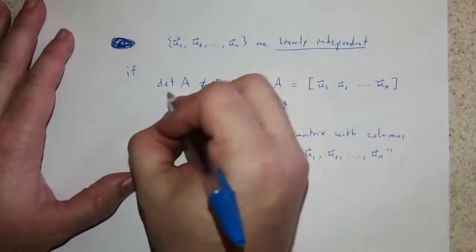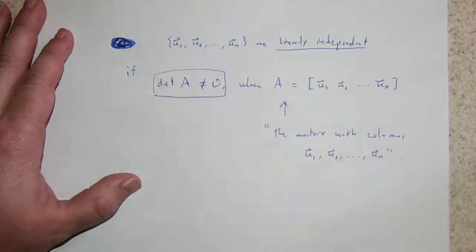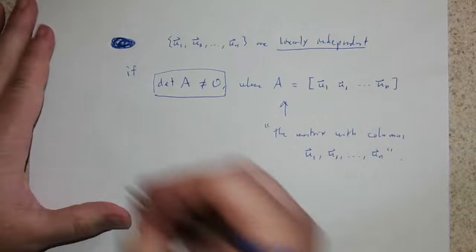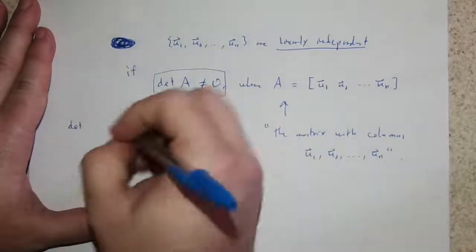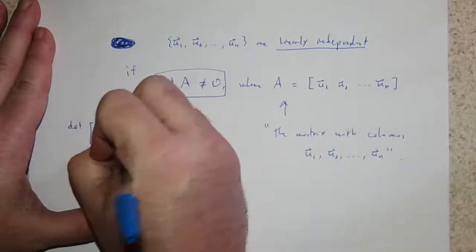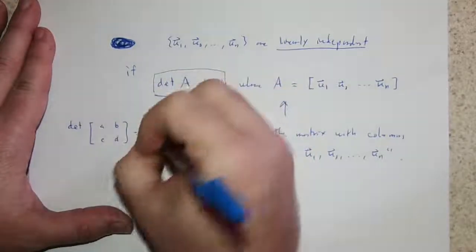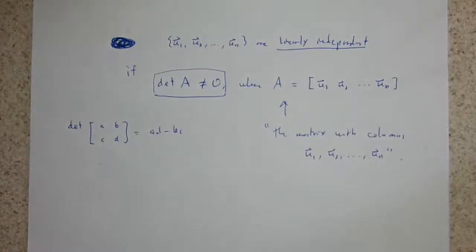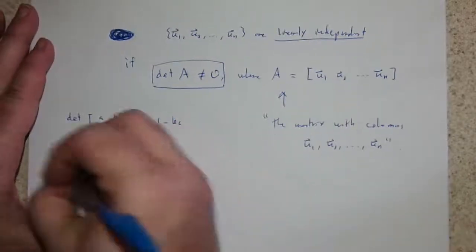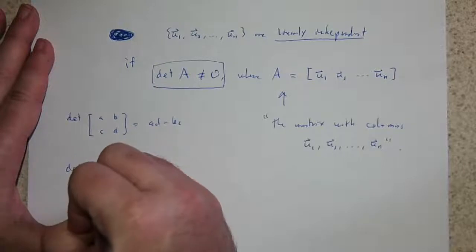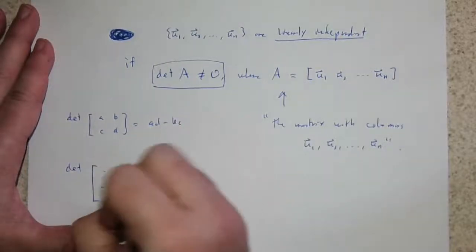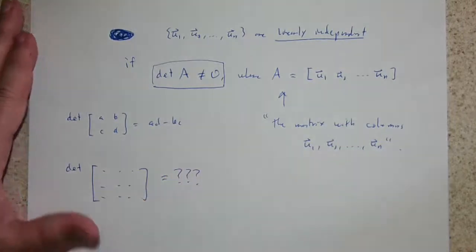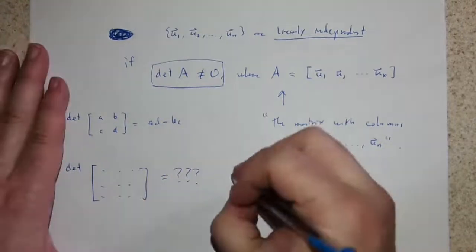Now, we have to define what determinant is in that case, right? So the determinant of a 2 by 2, which we went over, we know this is AD minus BC. How do I compute the determinant of a 3 by 3? You can look at the supplement or Calc 3.